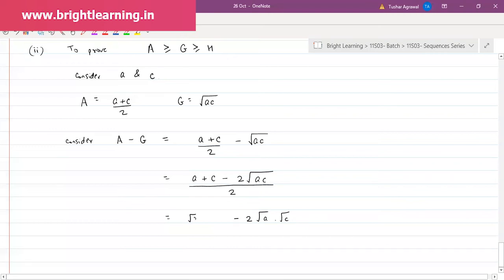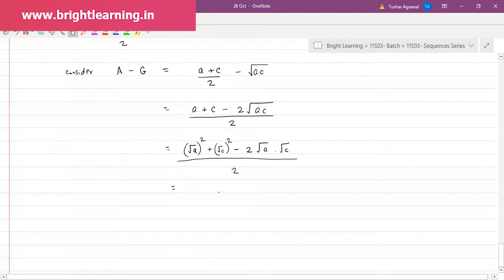So root A square plus root C square minus 2 times root A root C. So can you see now, this is equal to (root A minus root C) whole square divided by 2, which will always be greater than or equal to 0.